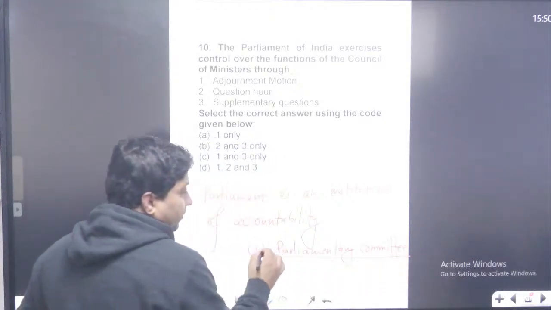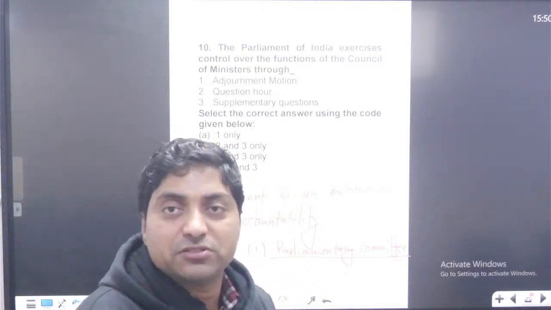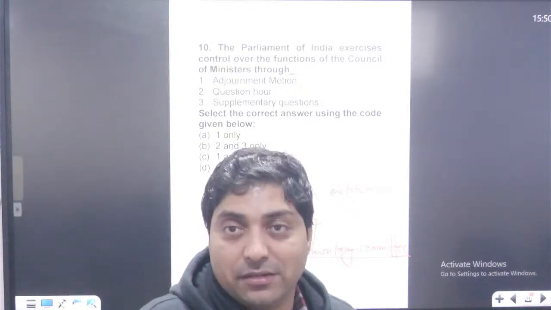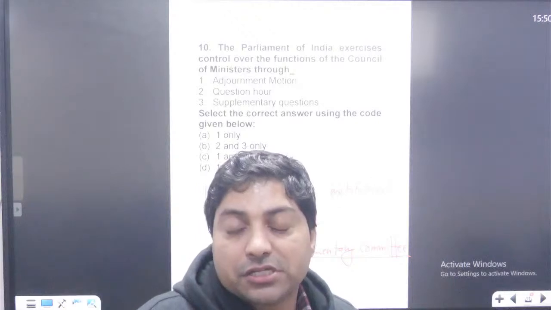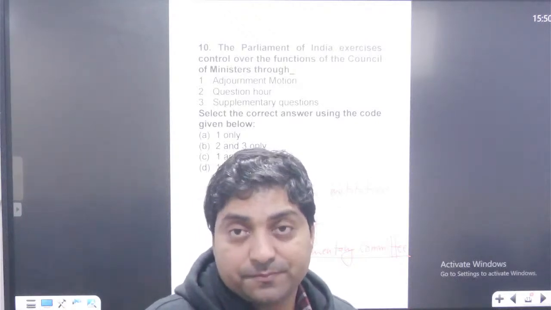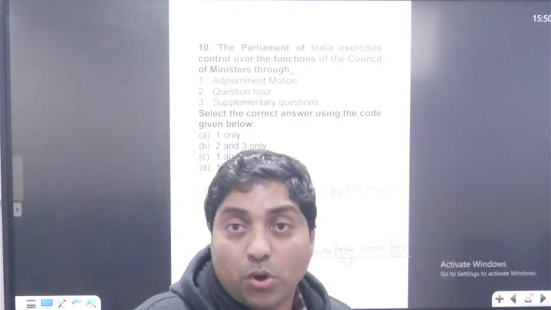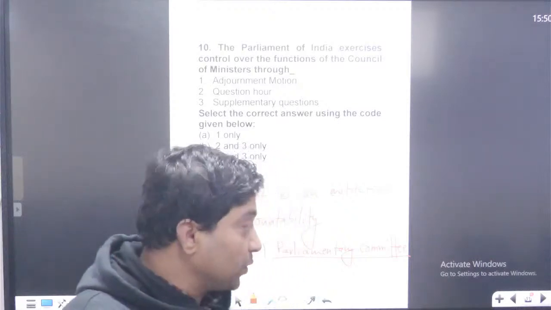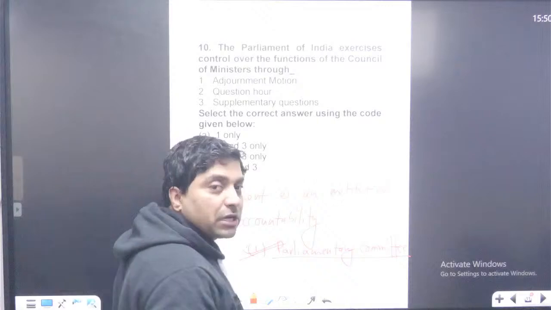The Parliamentary Committee examines and scrutinizes well. It scrutinizes the budget, and the audit report submitted by the CAG. In this way, the Parliamentary Committee ensures accountability.